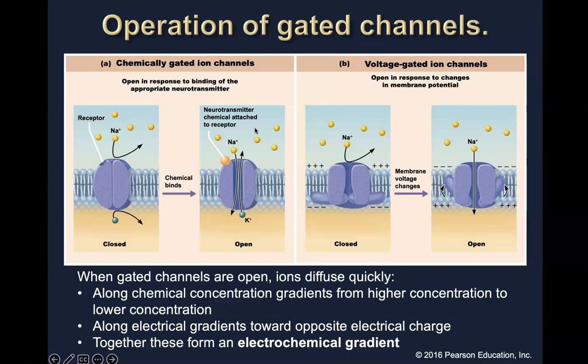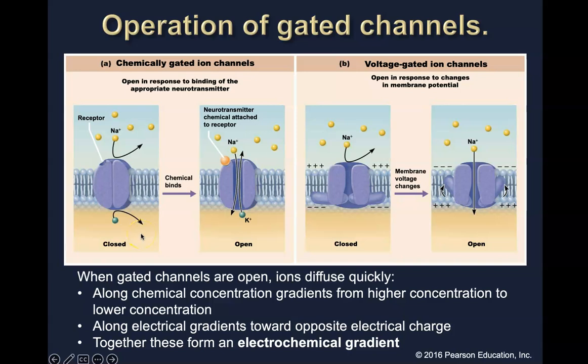Now remember, we talked about the concentration gradient that we set up across the cell membrane with these sodium potassium ATP pumps, okay? Those sodium potassium ATP pumps are constantly pumping out 3 sodium per 2 potassium brought in.